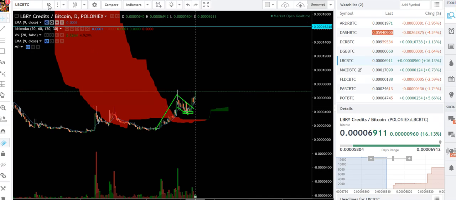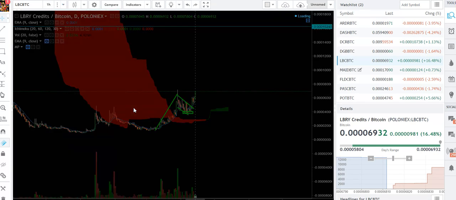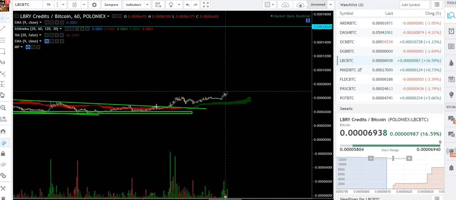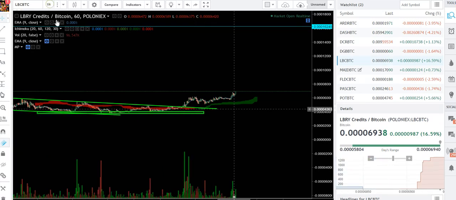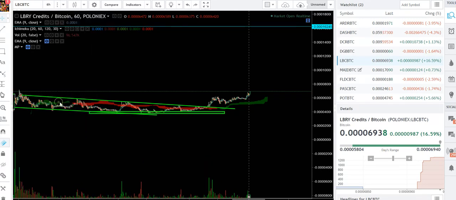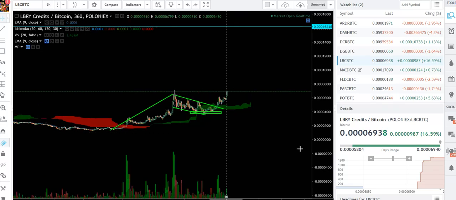They don't know that this thing is going to continue on even higher until they see that it broke a cup and handle on a lower time frame. And those are the kind of things that, right here, this thing made a cup and handle. Let me look at it more like a 6 hour. So we're going to see things basically right about here.